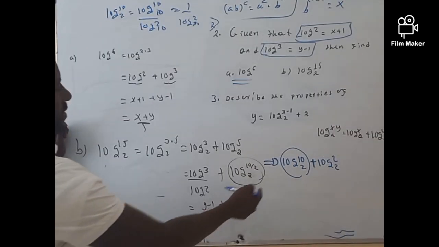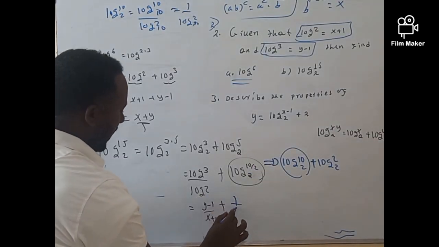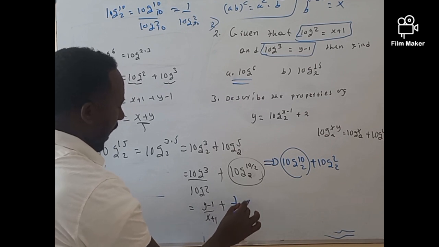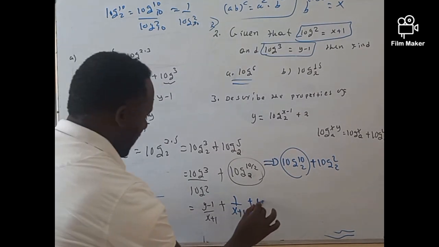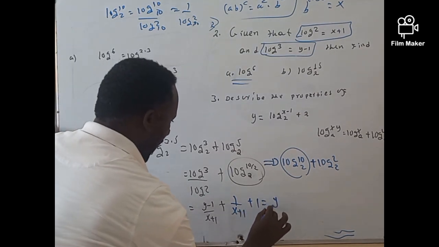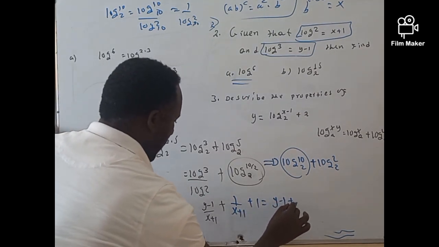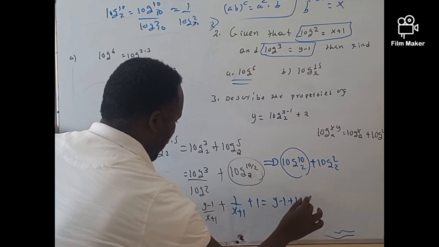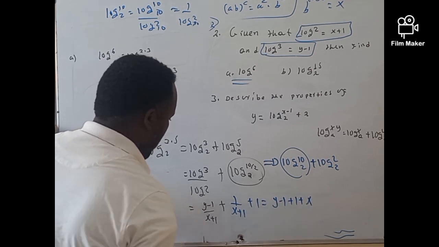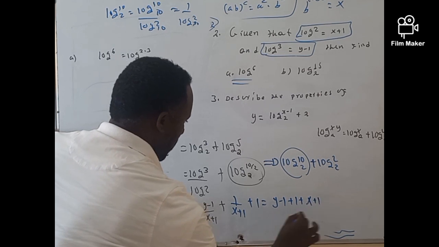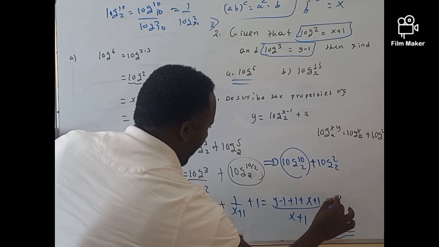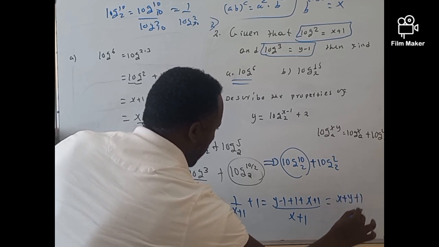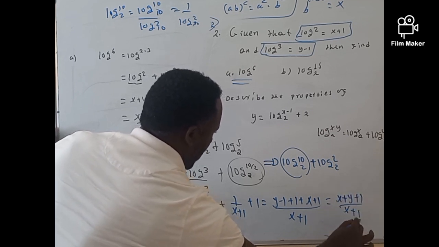So we need to write that as 1 over x plus 1. And plus log 2 to the base 2, which is 1. So what's the sum of all this? This is perfectly y minus 1 plus 1 plus x plus 1 over x plus 1, which is x plus y plus 1 over x plus 1.